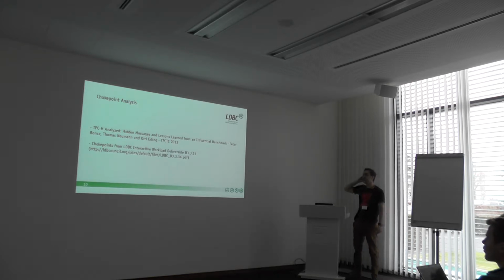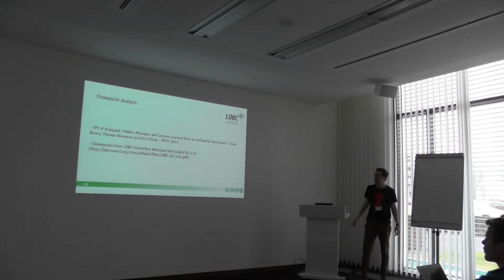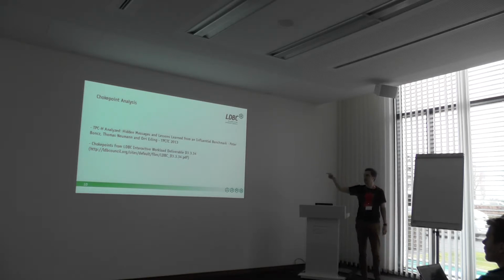So for the choke point analysis, we took the choke points we used during the European project, which are a mix of two documents. Some of them are the ones used for interactive, and the other ones are taken from the other document. There is an overlap between these two documents.